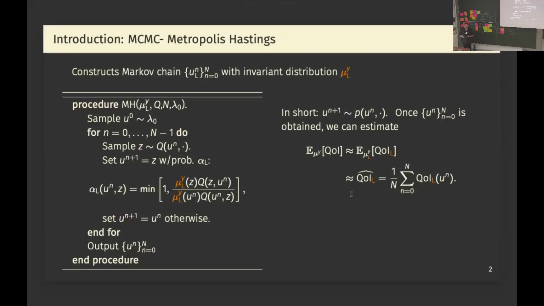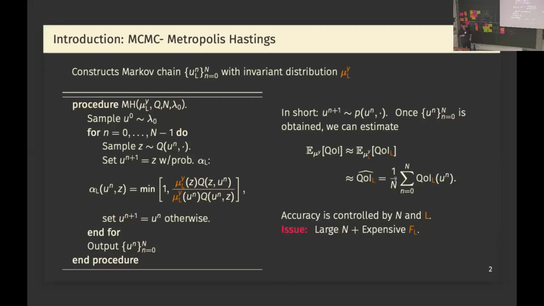And once a sufficiently long chain has been obtained, we can compute expectations with respect to the posterior distribution mu y, or we can approximate this posterior expectation by an expectation with respect to the discretized posterior distribution mu YL. We can then in turn estimate this expectation in terms of the usual ergodic estimator obtained from samples that we got from this algorithm.